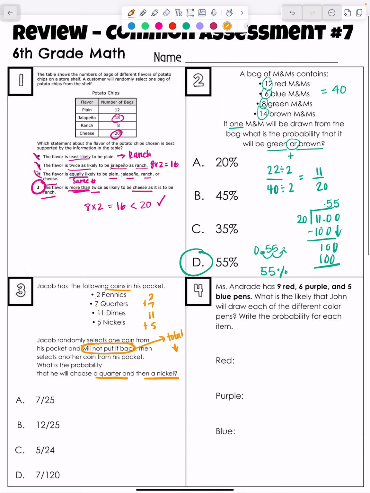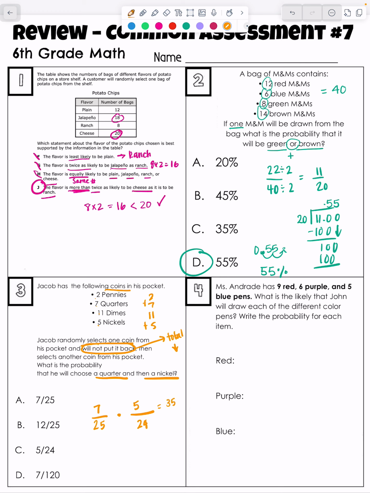So that means there's 25 when I start. But when I don't put it back, it's going to be 24, since, again, it's not being put back into the total. So now how many quarters are there? There are 7. How many nickels are there? There are 5.